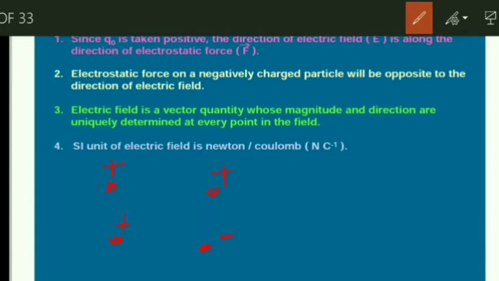As we can see, first is like charges, then electric field or force will be away from each other. In second case, these are unlike charges and they will attract to each other. So force will be like this. So electric field will be in the direction of electrostatic force.